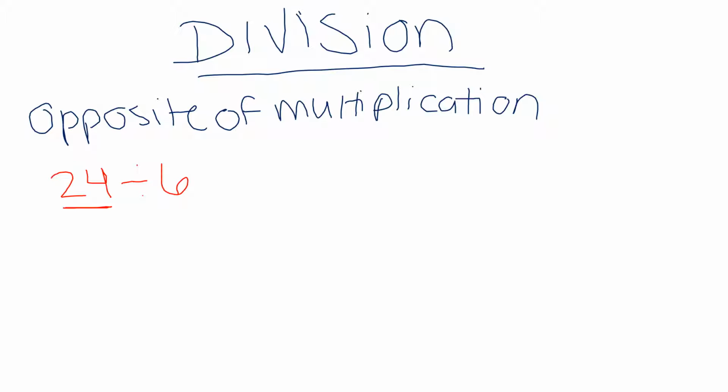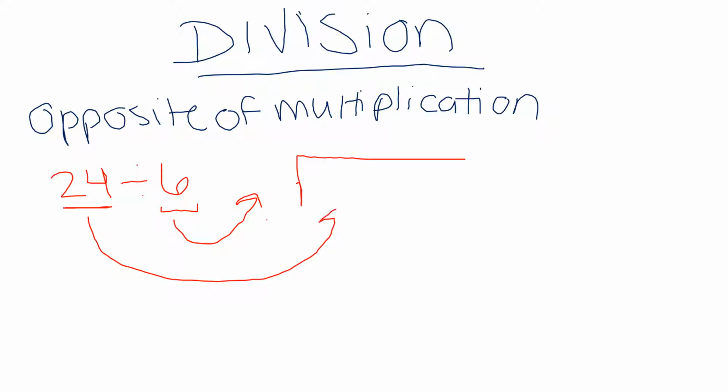So I take the second number and it goes on the outside. And I take this first number and put it on the inside. That's how you set up your problem.